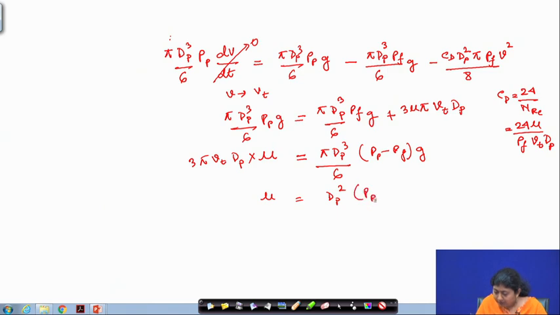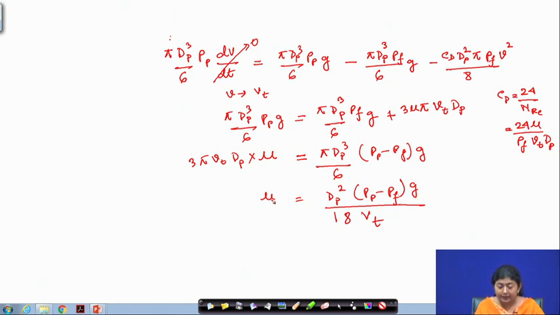So, mu is equal to dp square into (rho p minus rho f) g by 18 v t, where v t is the terminal velocity of the particle or the ball, dp is its diameter, rho p is the density of the particle in kg per meter cube, rho f is the fluid density in kg per meter cube, and g is the acceleration due to gravity.